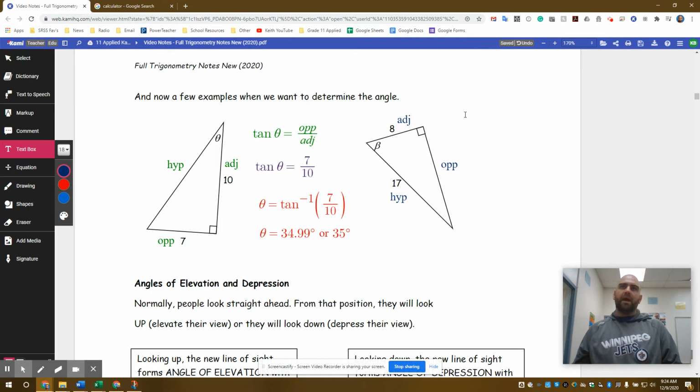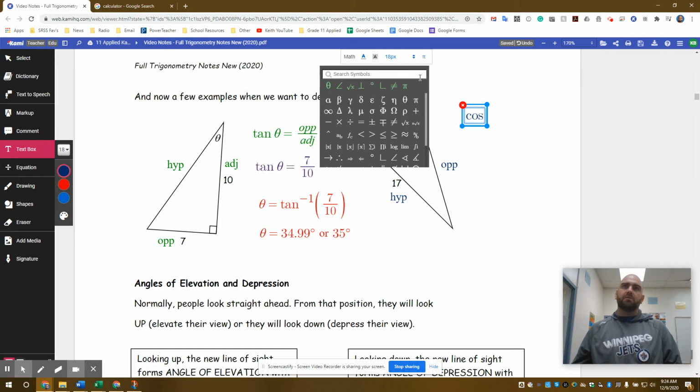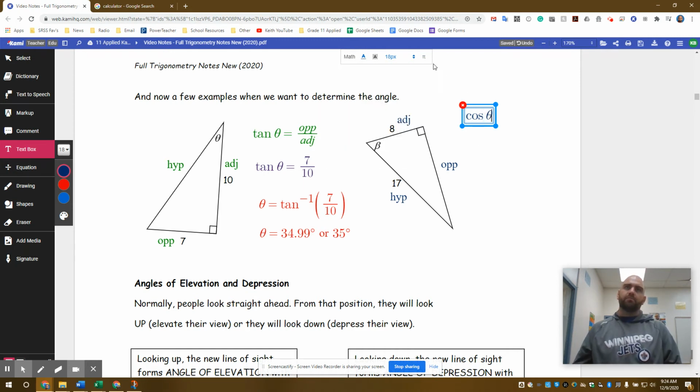Now, given that we have the adjacent and hypotenuse, that means that we're going to be using cosine. Cos of theta is equal to adjacent over hypotenuse. And so now we plug in our values.